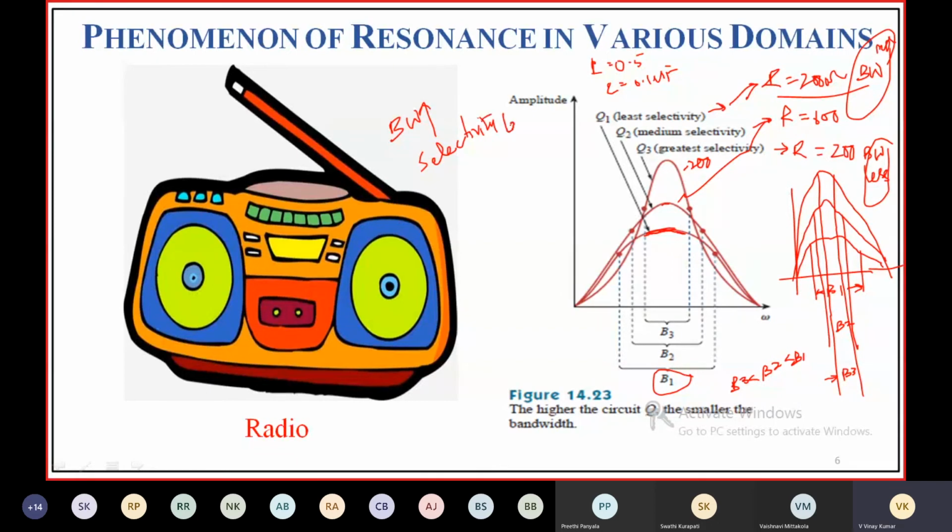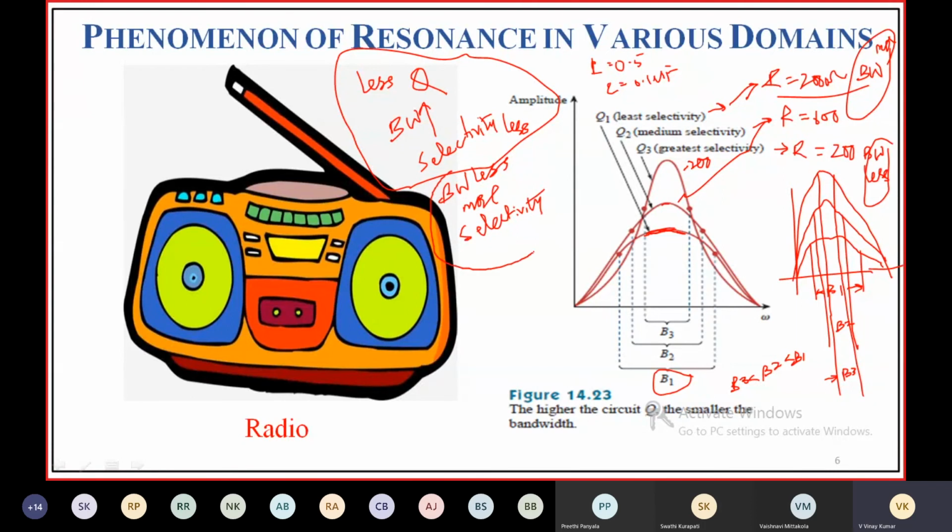If bandwidth is less, it means more selectivity. If bandwidth is more, it means less selectivity and less Q factor.